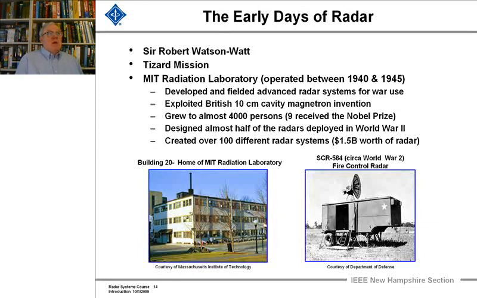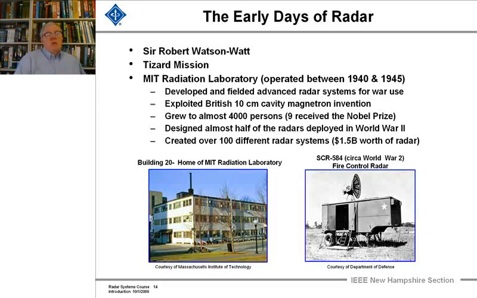At the Radiation Lab during the war, many, many radar systems were developed and fielded for the first time for war use. This was serious business. The world was at war. And they exploited that 10 centimeter wavelength cavity magnetron invention. I'm going to show a system that does that. And the laboratory grew.